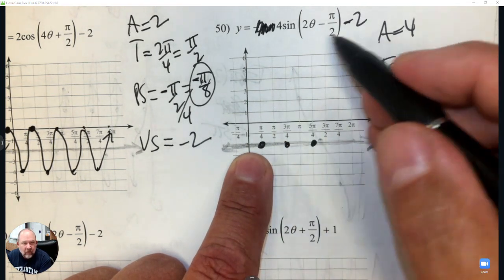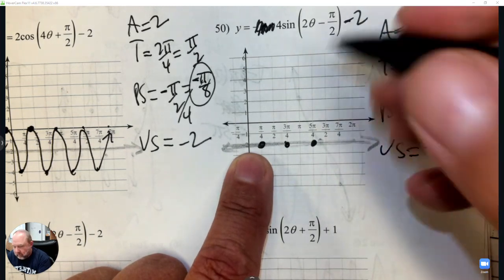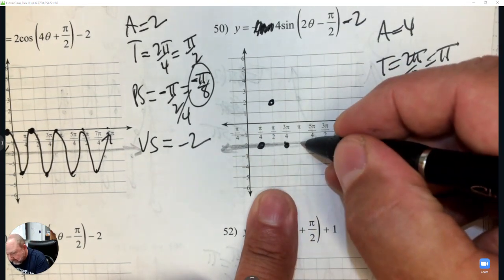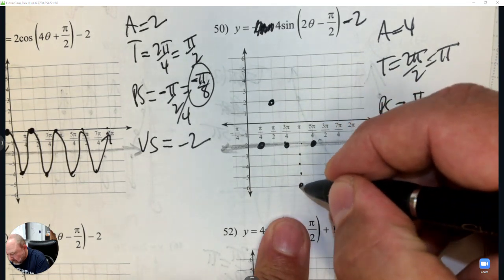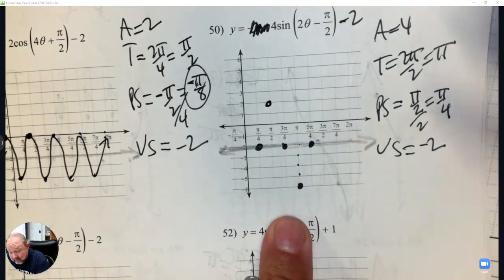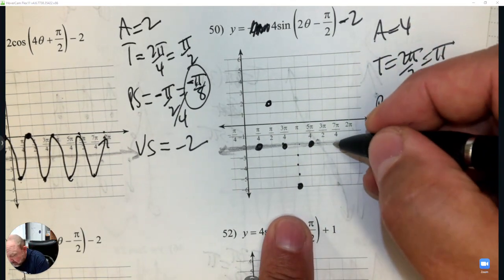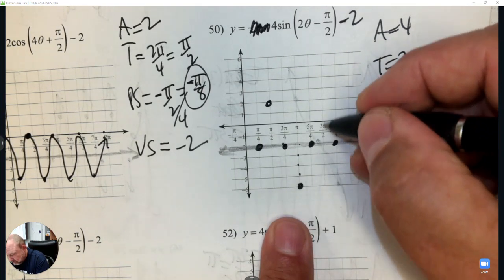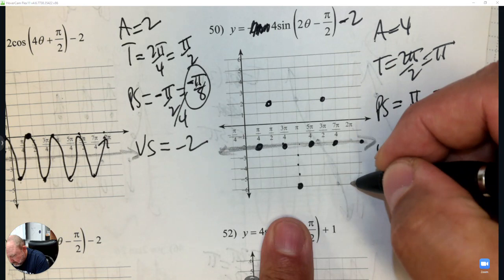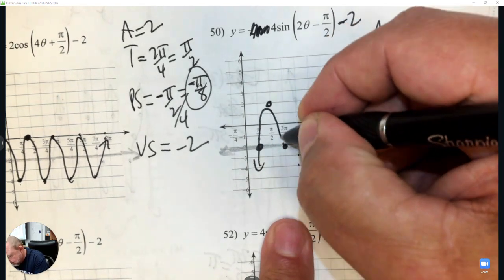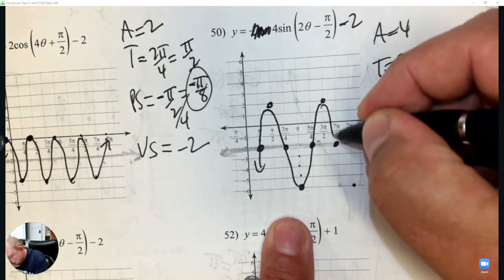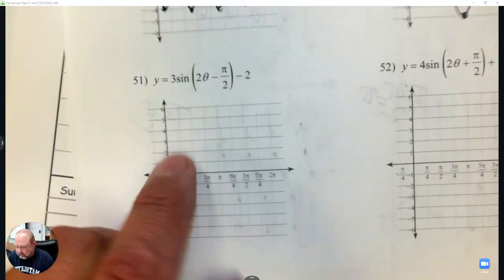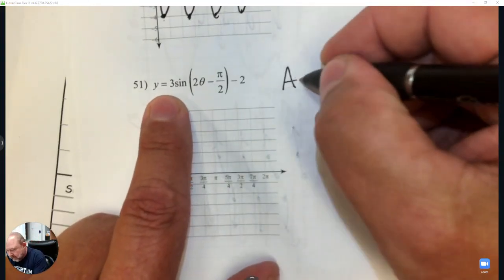The amplitude is 4, so from the pencil line, I go 1, 2, 3, 4 up, and 1, 2, 3, 4 down. And now you've drawn it and know your pattern. And once you have it, you can draw it. And there it is.